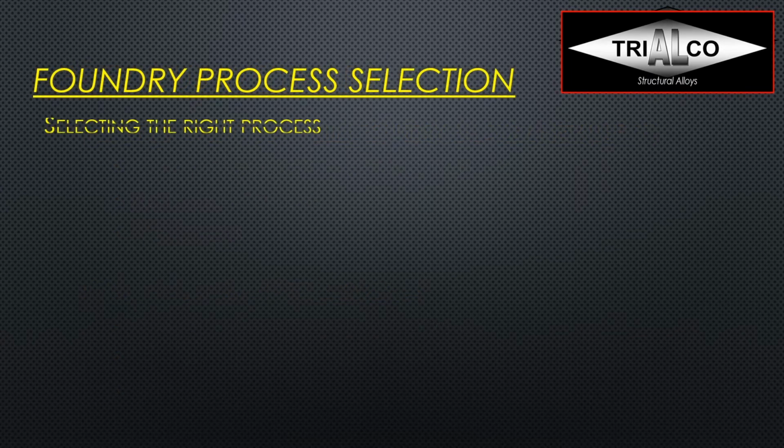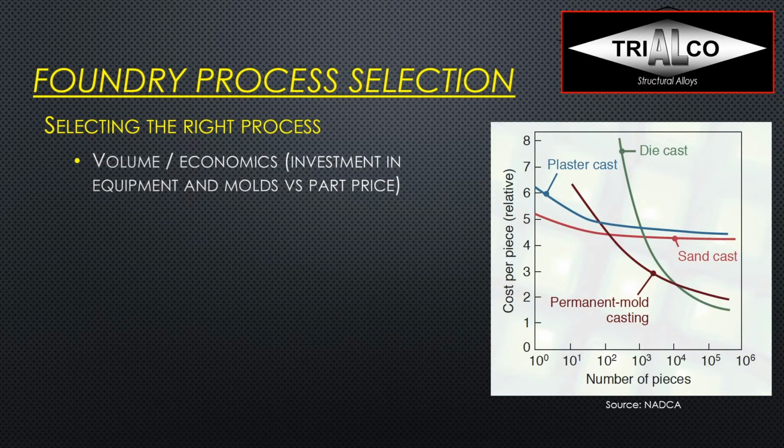So just to quickly recap from that one, in terms of foundry process selection, you usually start by selecting the right process, or you already have only one or two processes, then it's not even a question. You want to first look at the volume and economics, so investment in equipment and in molds versus the part price.